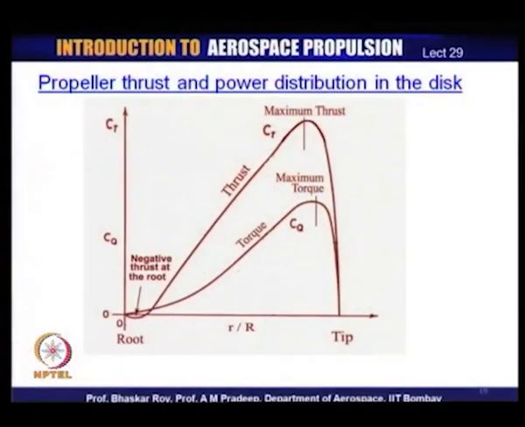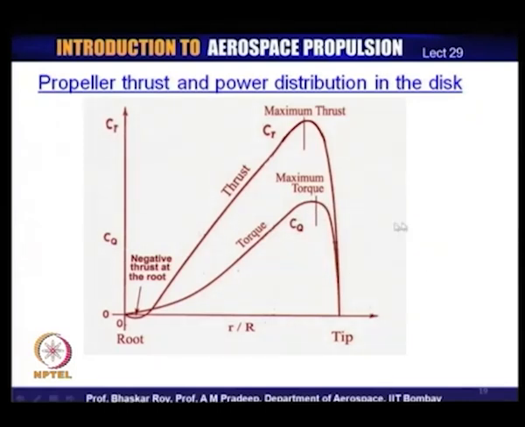If we take a quick look at the propeller thrust and power distribution across the length of the disk, we shall see that this is what the propeller actually does. The thrust creation varies from root to tip, as I was mentioning a little while earlier, with maximum thrust somewhere near the outer half of the propeller, and the maximum torque is also created by the outer half.